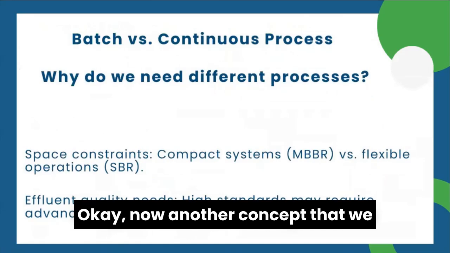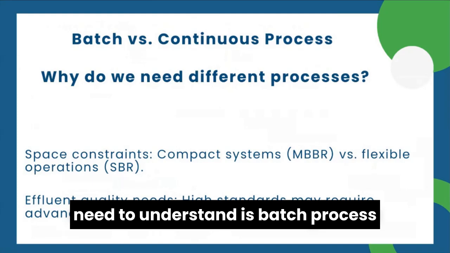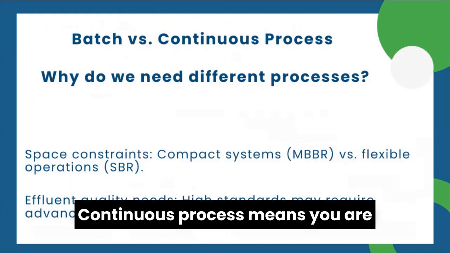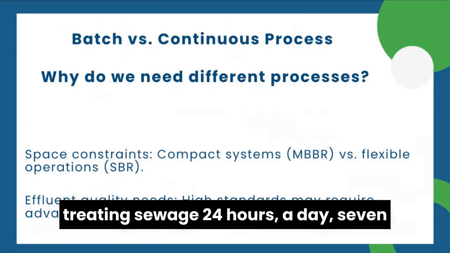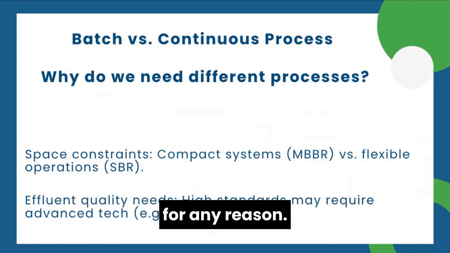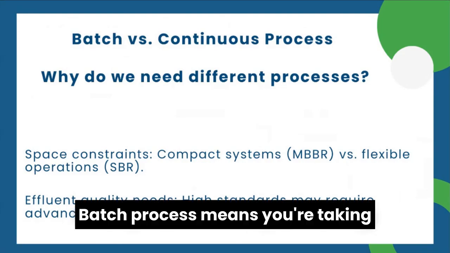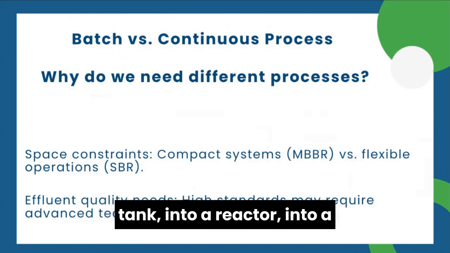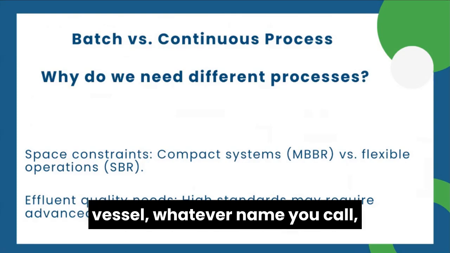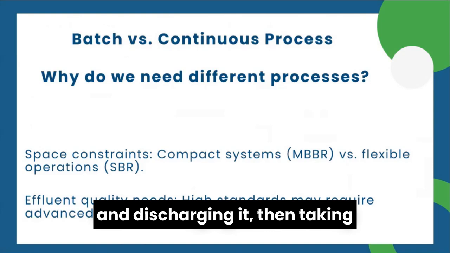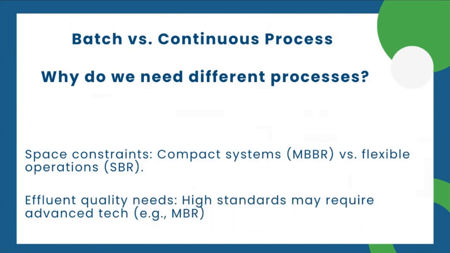Now, another concept that we need to understand is batch process versus continuous process. Continuous process means you are treating sewage 24 hours a day, 7 days a week, 365 days a year. You're not stopping the process for any reason. Batch process means you're taking the sewage into a batch, into a tank, into a reactor, into a vessel, whatever name you call, into one container, treating it and discharging it, then taking another batch.